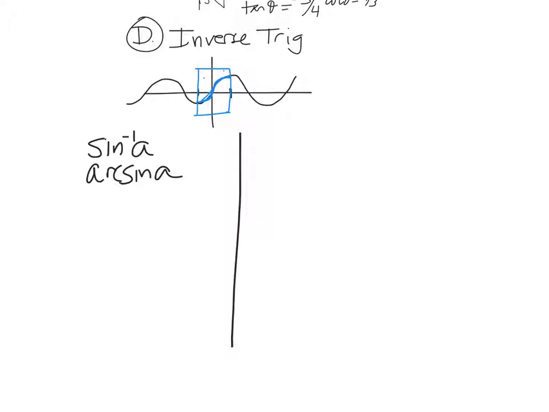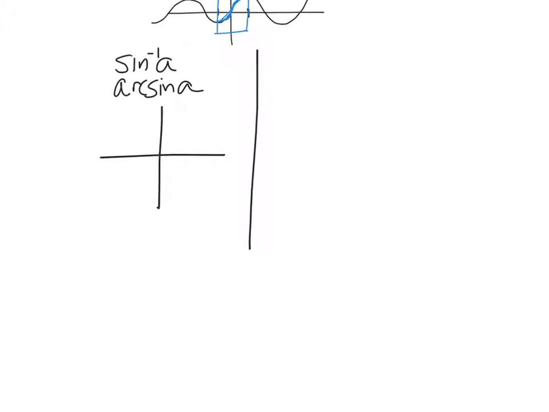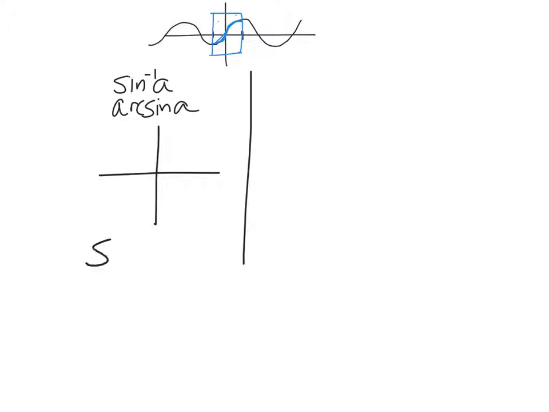Okay, so we have sine inverse or arc sine. And basically, when you're taking the sine inverse of something, you're trying to think: sine of what angle gives me that value A? You're going backwards. But you can't just pick any old answer.